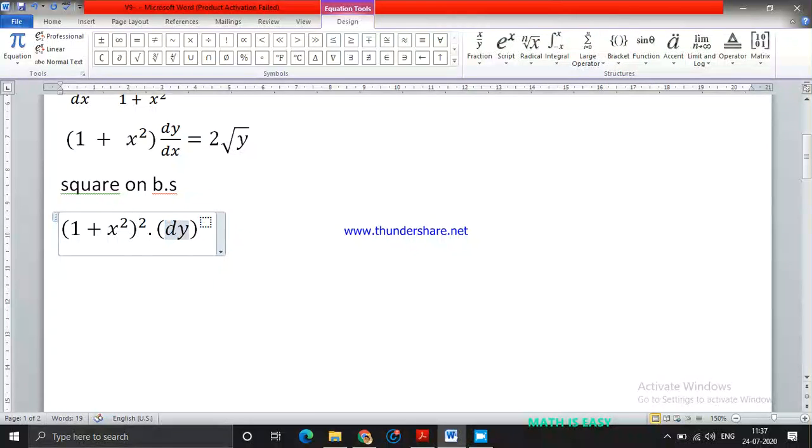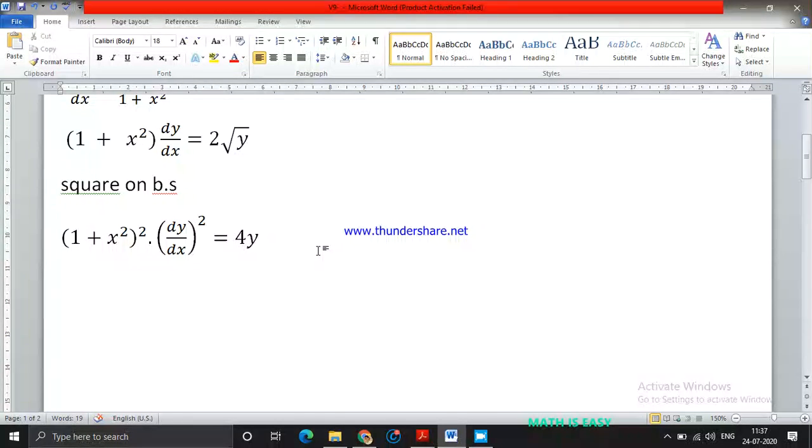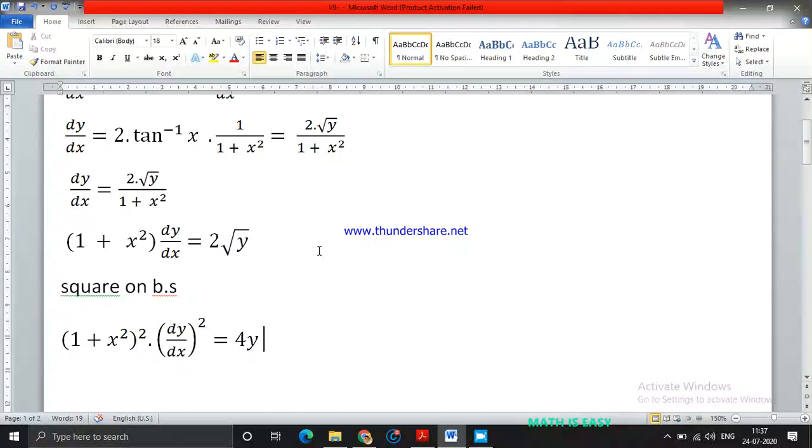So here you will get dy upon dx whole square is equals to 4y, because 2 square is 4 and root y whole square is y.